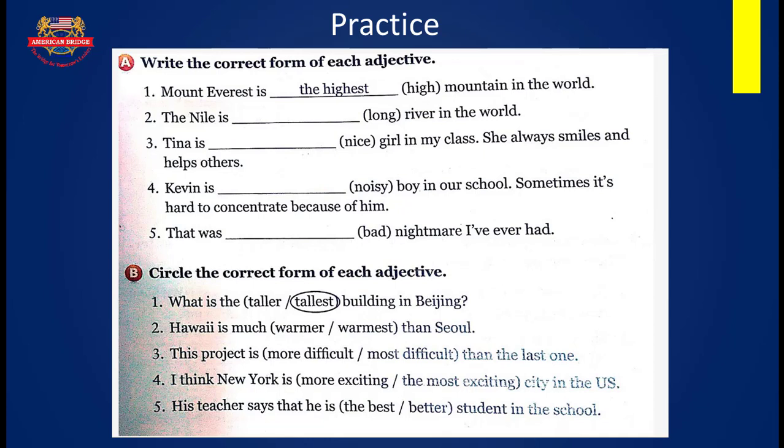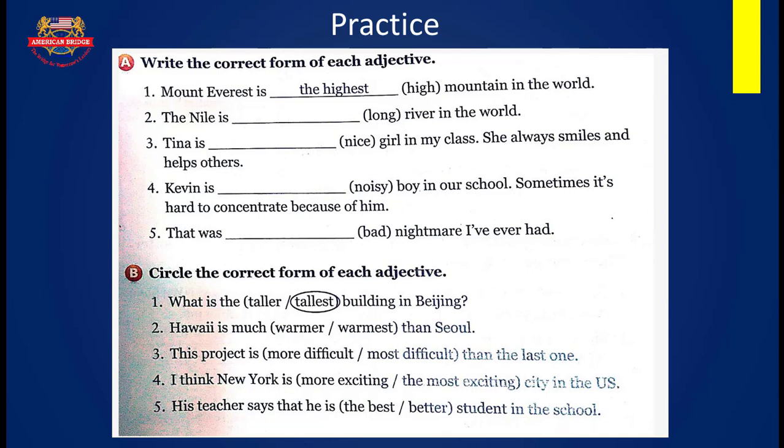Remember, the comparative adjective is used with than, and the adjective finishes with er or uses more. The superlative adjective finishes with est or st, and they don't use the word than, but they use the word the. Let's take the first one and go to the second one, warmer or warmest.